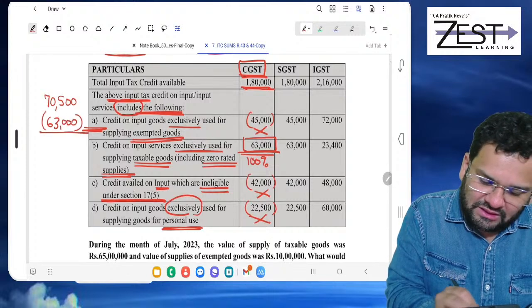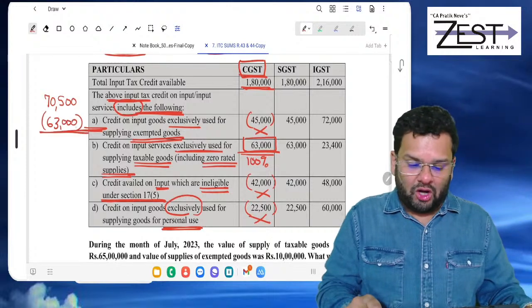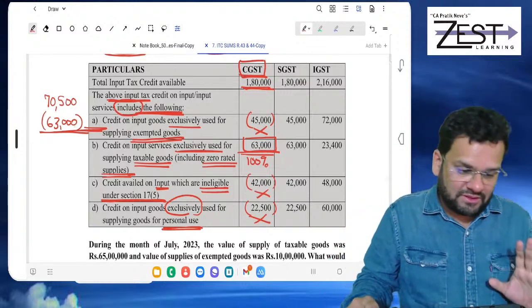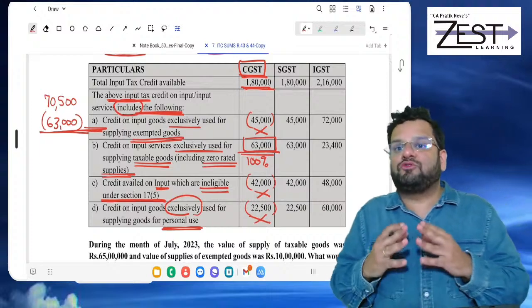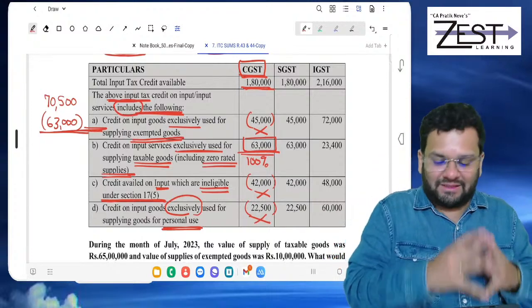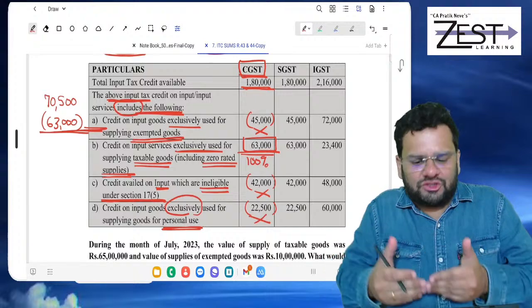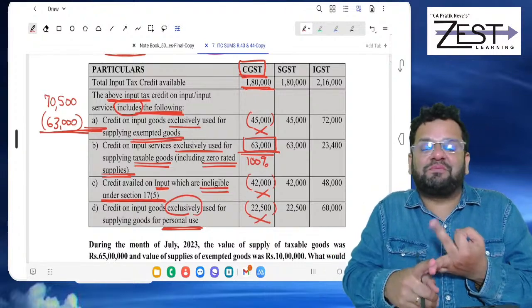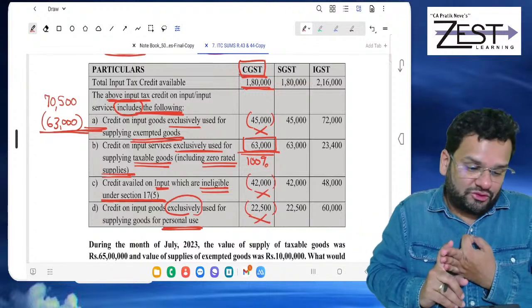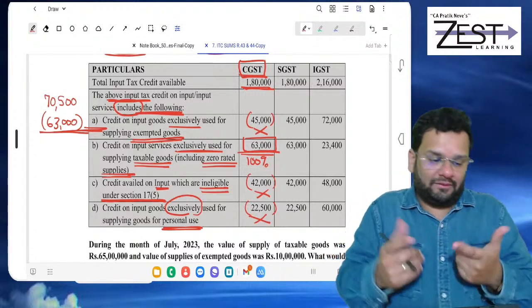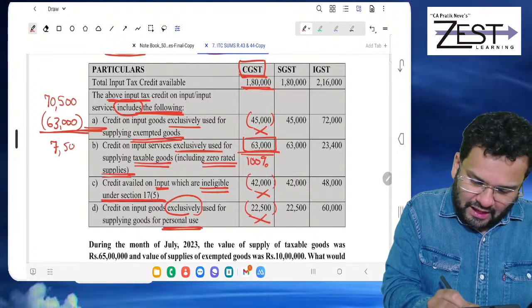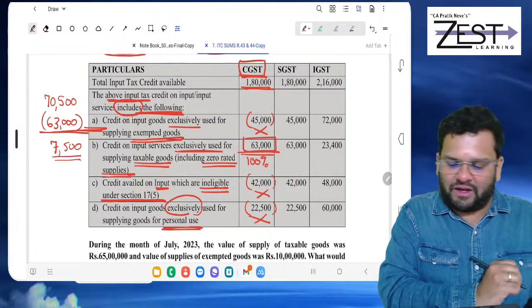We should minus 63,000 because on that ITC is available to the extent of 100%. I am going towards finding common credit, common inputs which are used in taxable supply, exempted supply, as well as personal use. I am trying to find that. So I am subtracting 63,000. Am I getting 7,500?